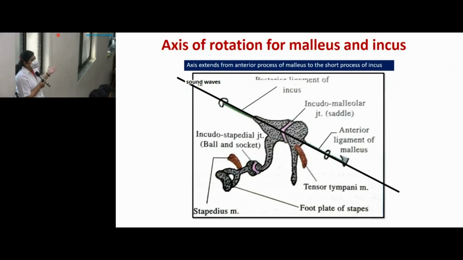It is a remnant of the first pharyngeal arch: the anterior ligament of the malleus and the sphenomandibular ligament. Basically it is one continuous structure divided into two parts because of one process. Which is that process? The spine of the sphenoid. From the anterior process of the malleus to the spine of the sphenoid is the anterior ligament of the malleus, and then there is the sphenomandibular ligament.